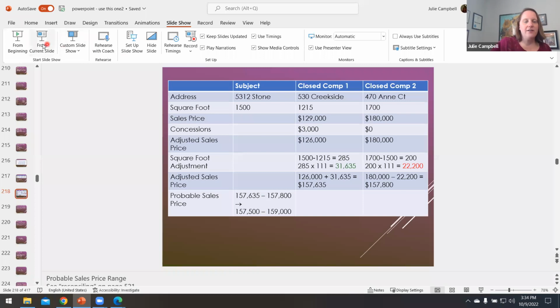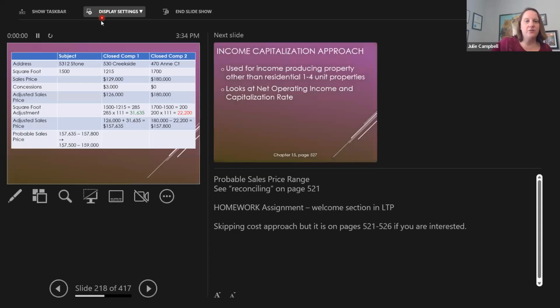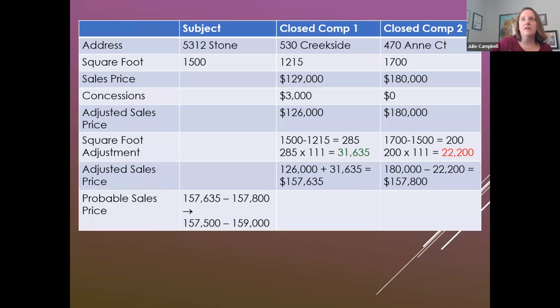Another approach that the appraiser may take: we're still in chapter 15 in your book. Starting on page 521, it talks about the cost approach. I'm going to skip the cost approach because we don't talk about it in the syllabus, but it's there. If you want to know more about it, that's where you can get that information.